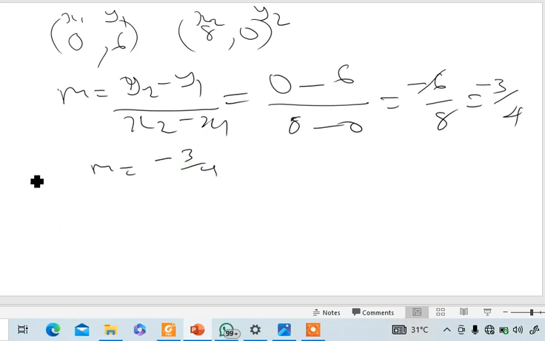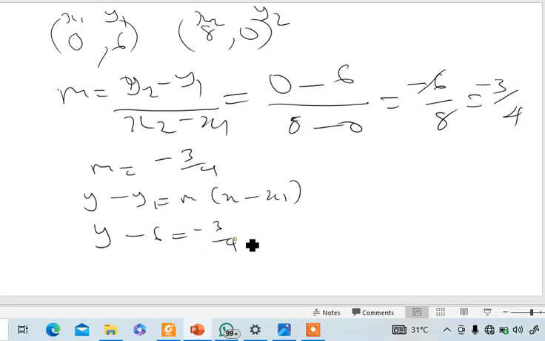Okay, so now we have to find the equation of that line, using this formula, y minus y1 equals m times x minus x1. Let's replace, keeping the same values. What is y1? 6. Gradient is negative 3 over 4. On the y and the x, don't replace, only replace y1 and x1.